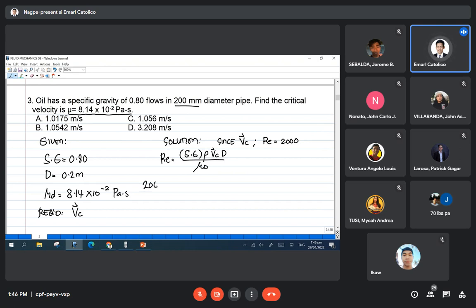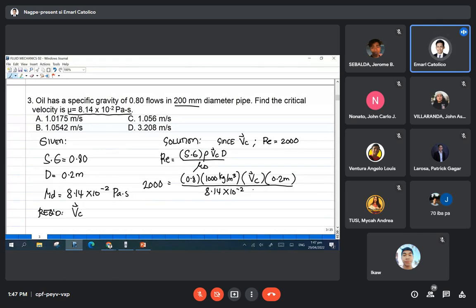So 2,000 is equal to 0.8, our specific gravity, times the density. Oil is a liquid, so use the density of water, 1,000 kilogram per cubic meter, times the critical velocity, which is what we are looking for, times the diameter, 0.2, divided by the dynamic viscosity of 8.14 times 10 raised to negative 2.